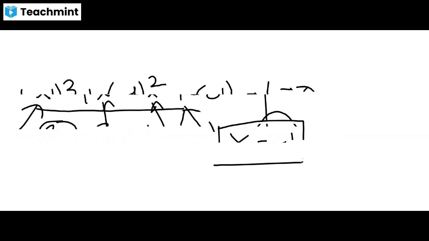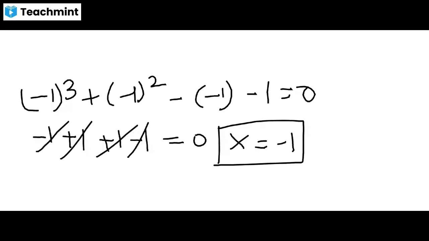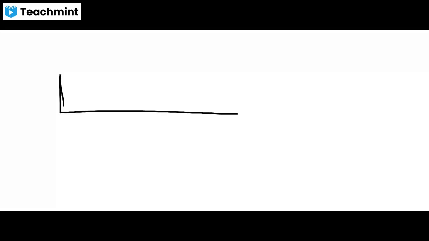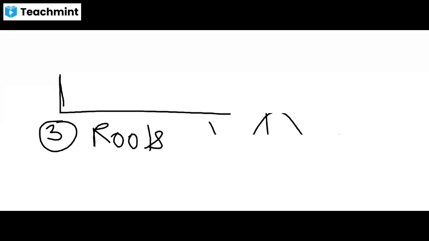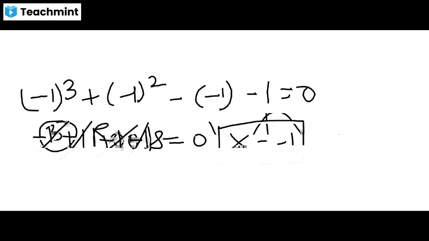So let's see what this Horner synthetic division method does. Take the coefficients, draw two lines like this. First of all, draw two lines like this and write down the coefficients of x cube, x square, x and the constant.